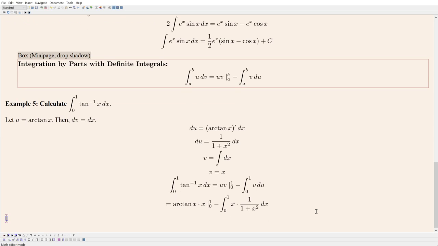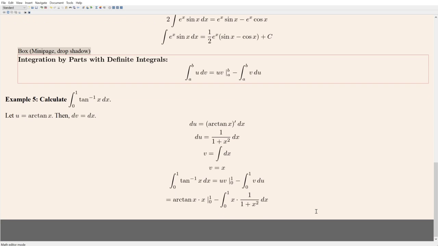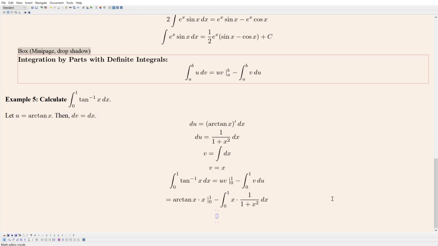Okay. So if we plug in 1, we get arctan of 1 times 1. If we plug in 0, we get arctan of 0 times 0, which of course is just 0, so who cares?